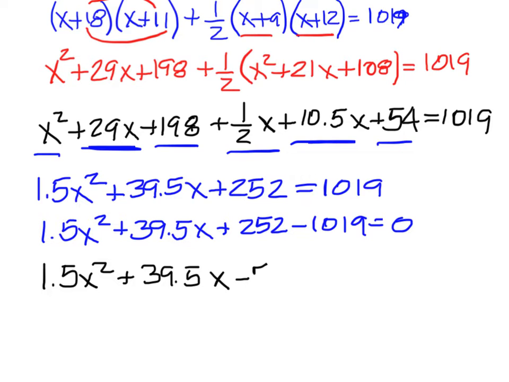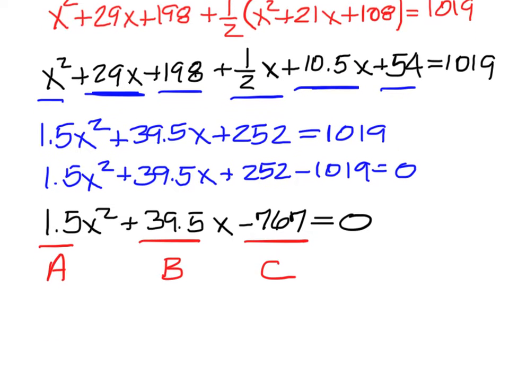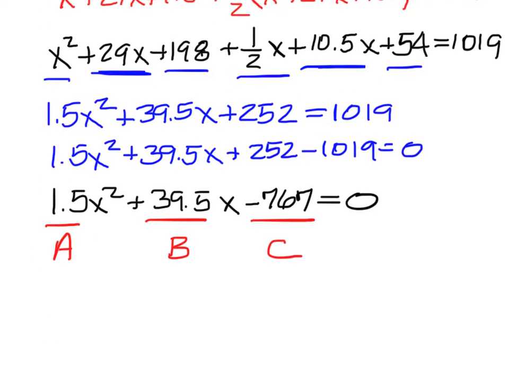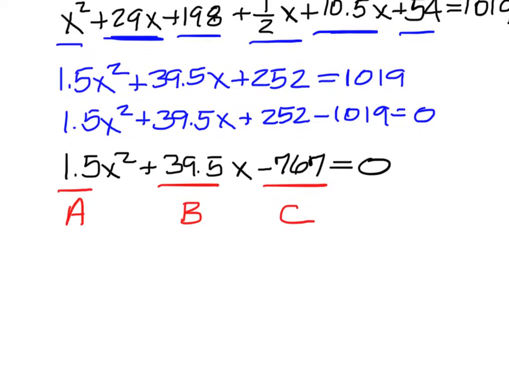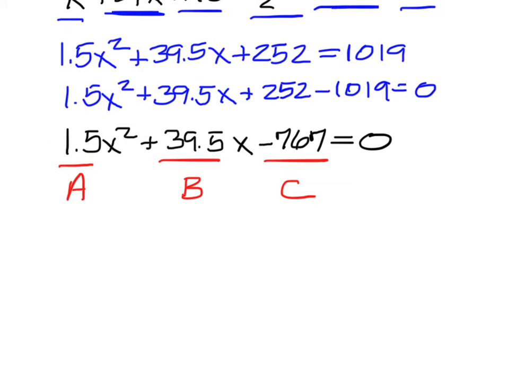So that's minus 767. This is your A, this is your B, and this is your C. Has anybody made it this far and come up with those same values? Okay, so we're good. That means I didn't leave anything out either, which is always a good thing.